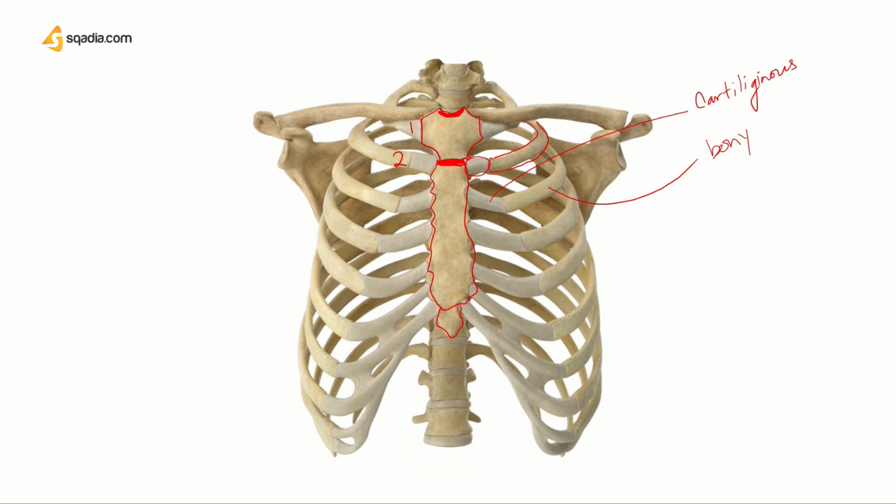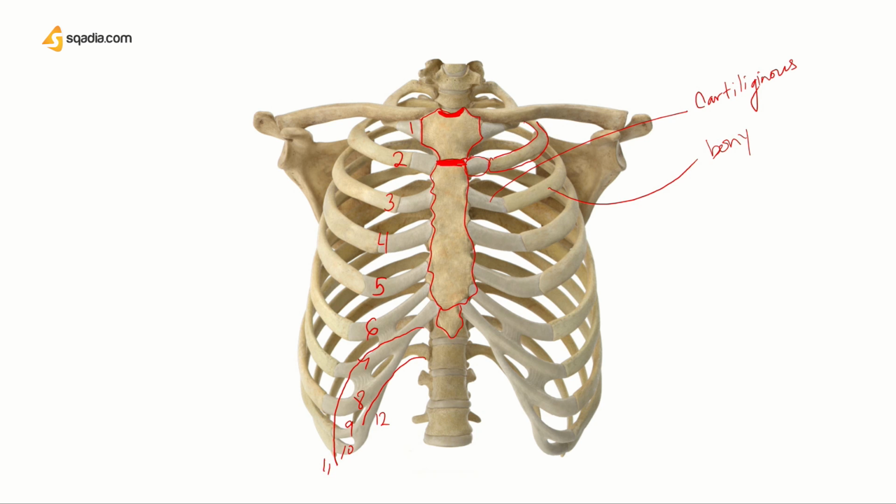So now let's count. 1, 2, 3, 4, 5, 6, 7, 8, 9, 10. And then you can see this one over here. This is 11. And this one over here, this is 12.